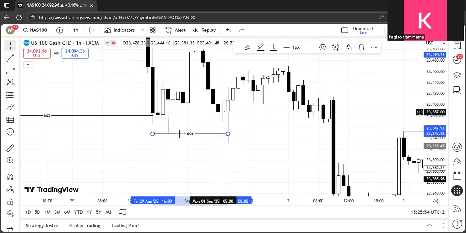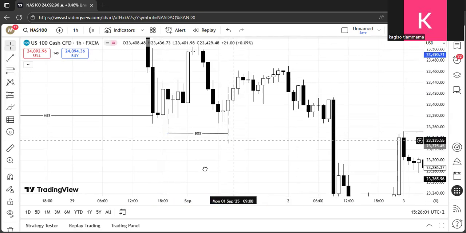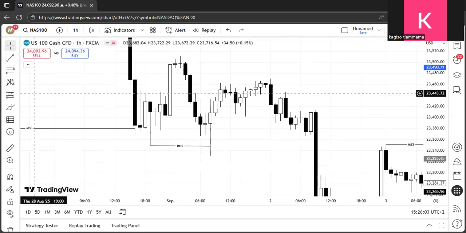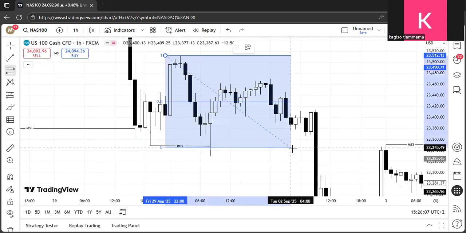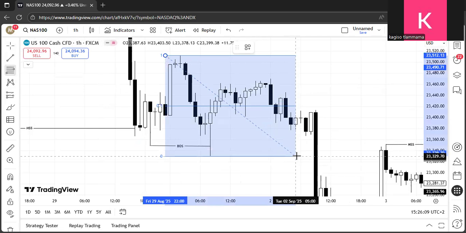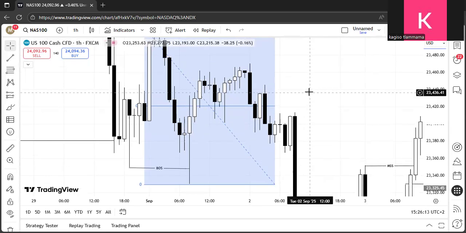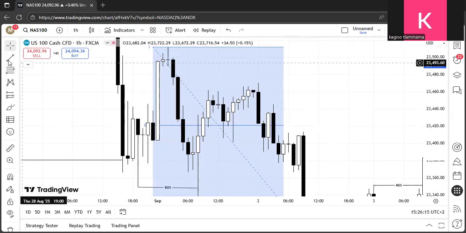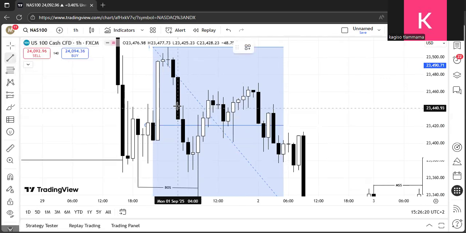Okay, this is our breakout structure. Let me just fix it real quick. And then, okay, we have our breakout structure. Let's put our Fibonacci as usual. Okay, now we know where our imbalance and order block are.